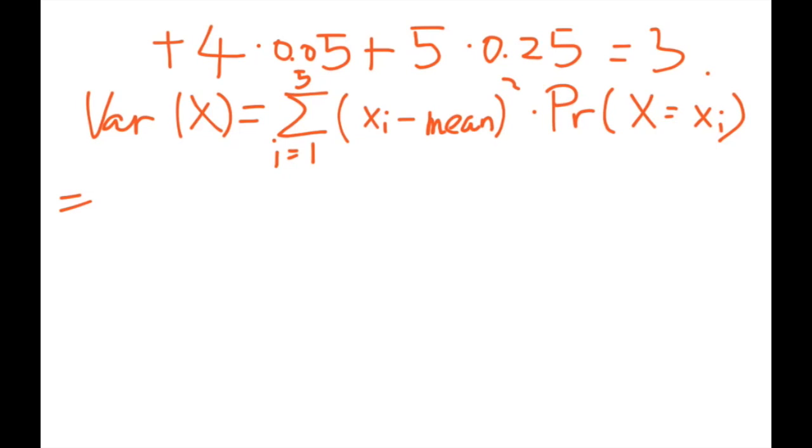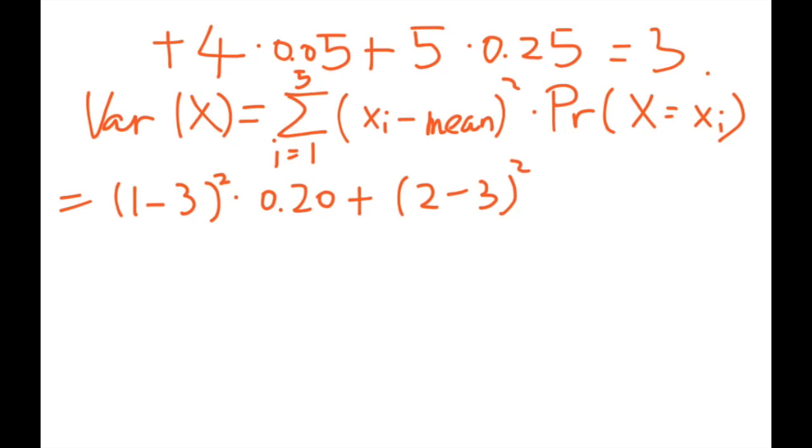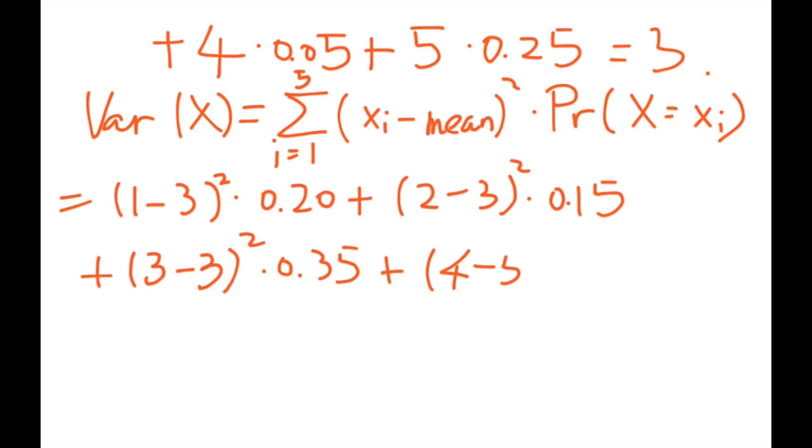is 0.20. And do the same thing for 2, that is when x_i equal to 2, 2 minus 3 squared, times the probability when x equal to 2, that is 0.15, plus x_i equal to 3, 3 minus 3, times the corresponding probability, that is 0.35, plus when x_i equal to 4, 4 minus 3 squared times the probability of x equal to 4, which is 0.05, and finally when x equal to 5, we have 5 minus 3 squared times the corresponding probability, that is 0.25.